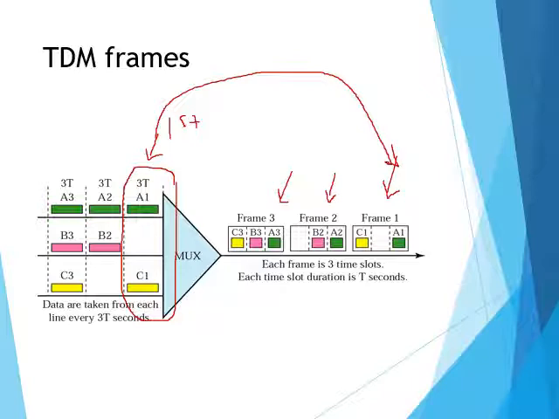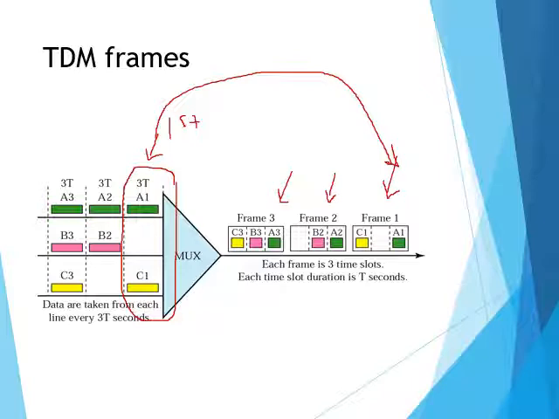So we have A1, a blank space, and C1. The first 3T will be combined to form frame 1.